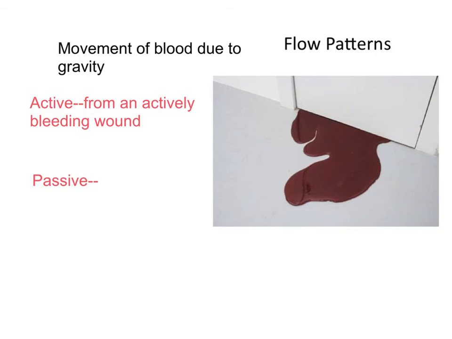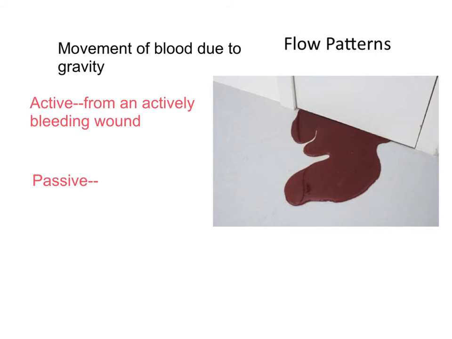So then what would passive blood be? Like, we can't really tell if this one's active or passive because you don't see what's on the other side of the door. So it could be coming from the dead person in that sense. Or it just means that it's originating from blood that's deposited on a surface.